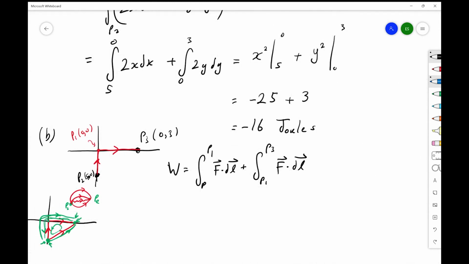Right? But let's do this example along this different path. So this is going to be the integral from P2 to P1 of 2x x hat plus 2y y hat dot dl. Now the cool thing about this path is that we are not traversing any y coordinate.